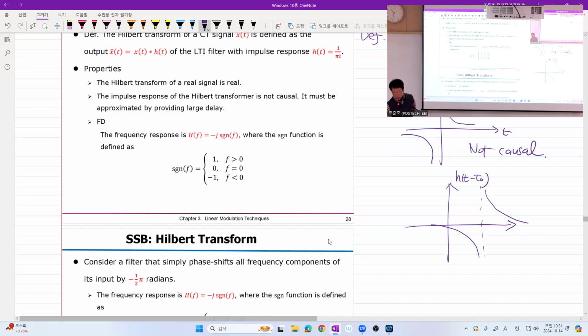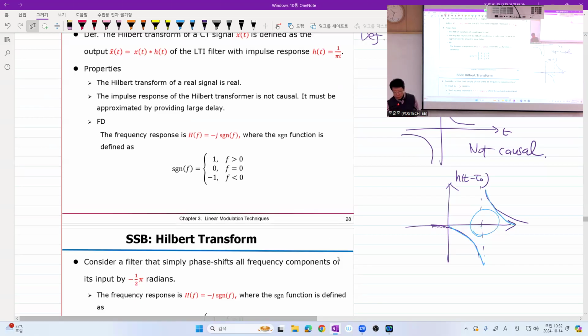And then you approximate, assuming this tail is small enough. So, for example, you have something like this. Of course, this part may still cause you a headache, but by introducing extra delay, we may approximately implement the Hilbert transformer, right? So let's assume that the Hilbert transformer can be implemented with some delay and approximation.